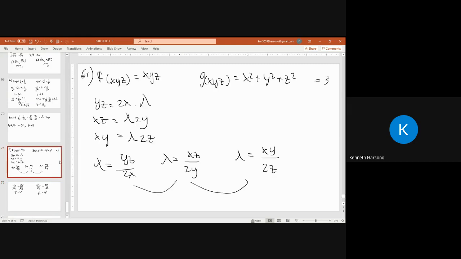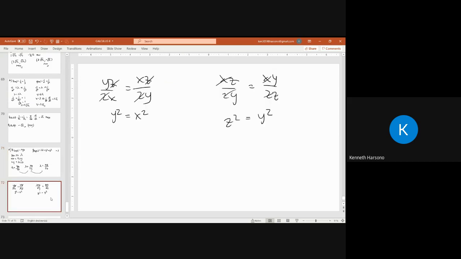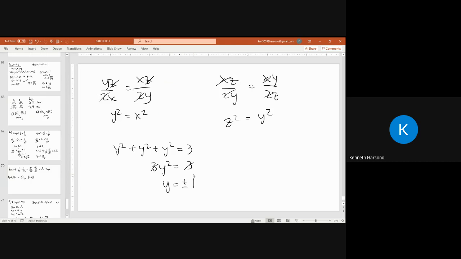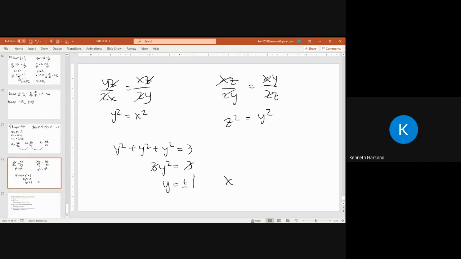And we can put that into the equation back here. So all in terms of y squared here. So y squared plus y squared plus y squared equal to 3. This is 3y squared. And y is plus minus 1. And that's also the same with x and c.